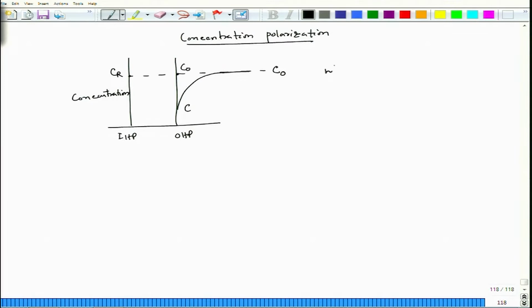Now, when eta equal to 0 or I equal to I0, I would get C equal to C0, the interface concentration.